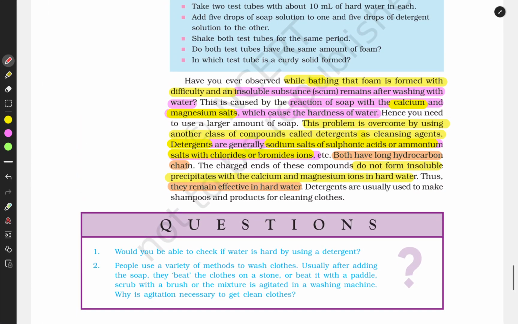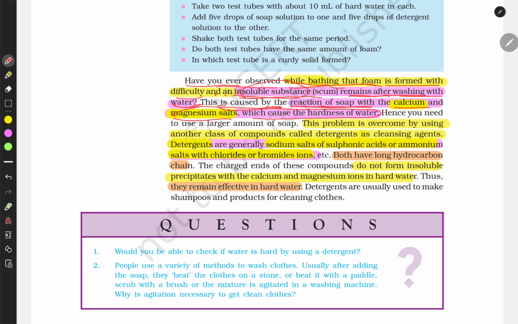You are about to end this chapter. Have you ever observed while bathing that foam is formed with difficulty, and an insoluble substance remains after washing with water?